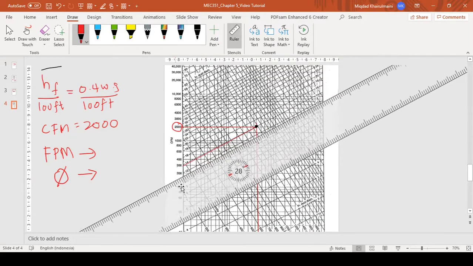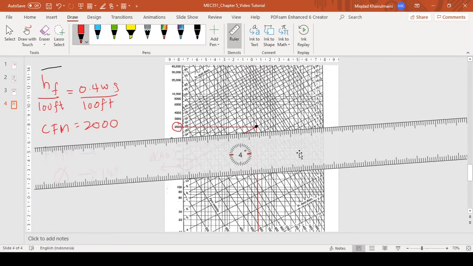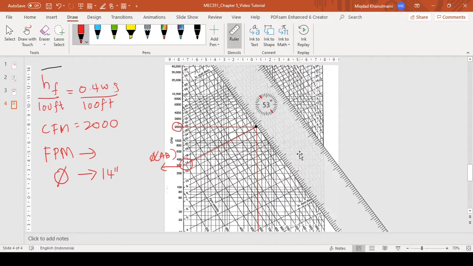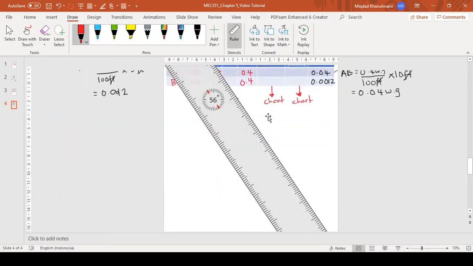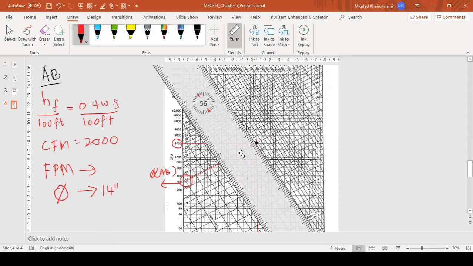So this one is the diameter for AB. We can read right here 14 inches. For FPM, we can draw the diagonal line from our point of intersection, a straight line to the top.